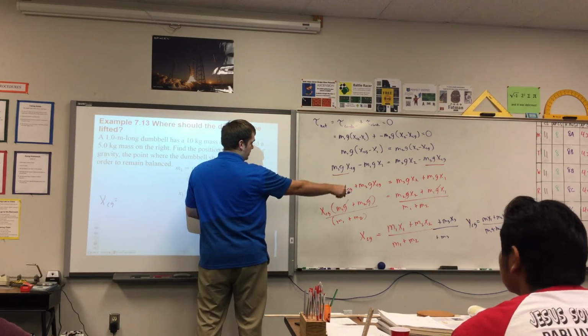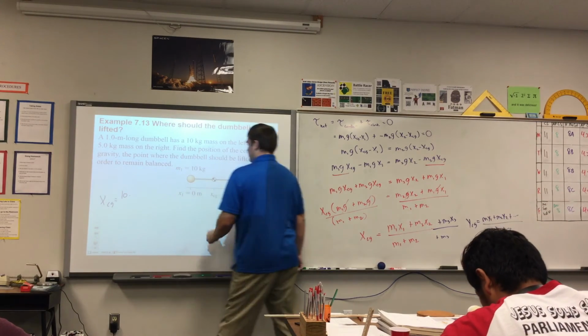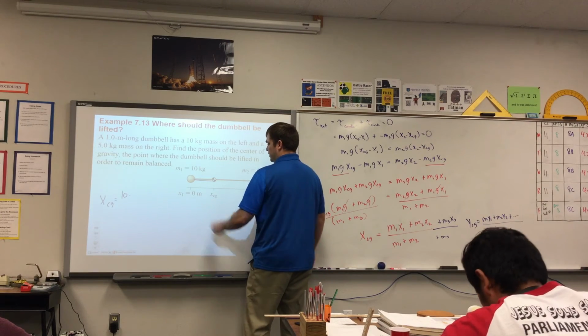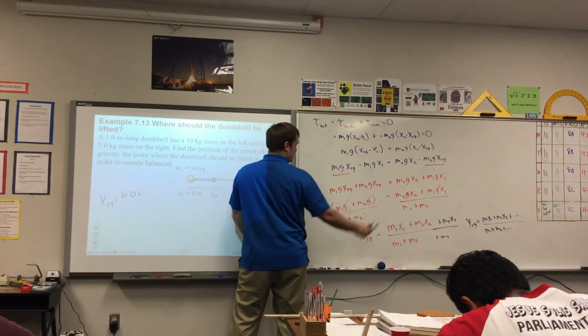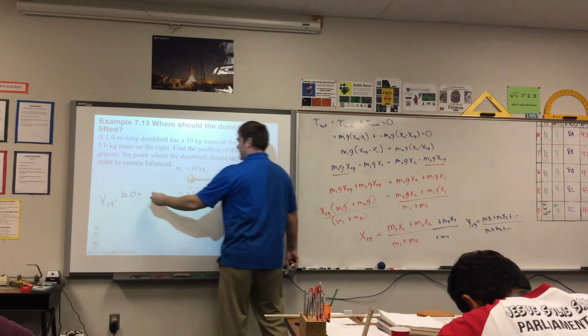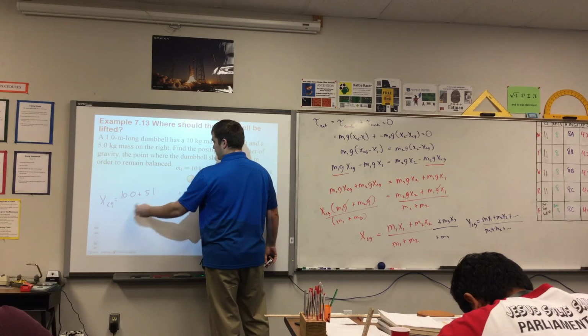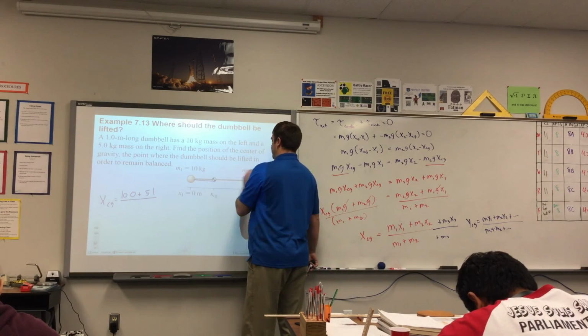Plug it into the formula. Mass 1, 10 kilograms, times location 1, which is 0, plus mass 2, 5 kilograms, times its location, 1, divided by the masses added up, 10 plus 5.